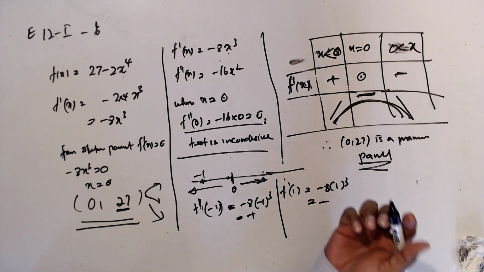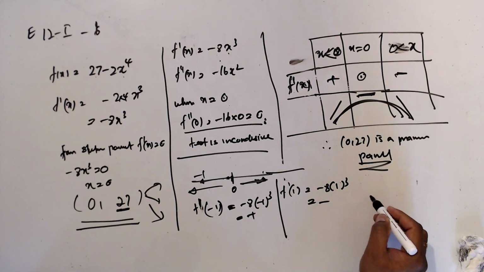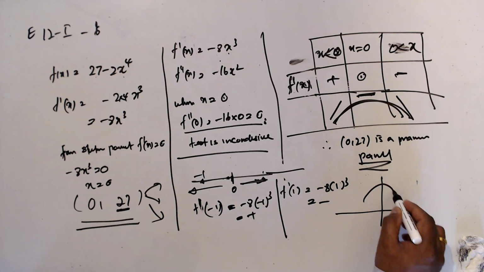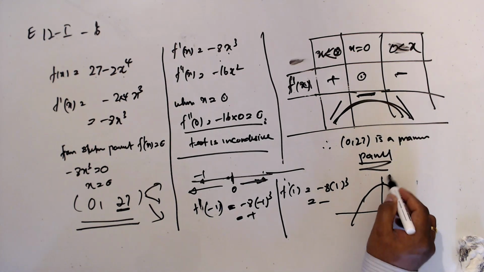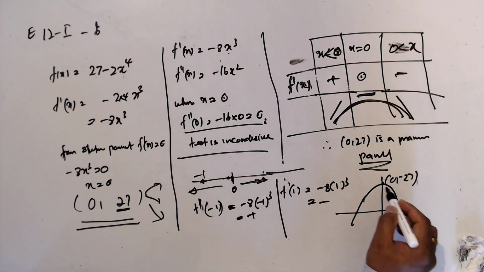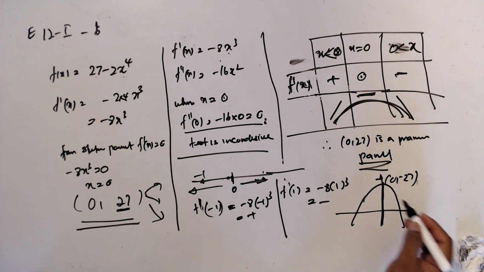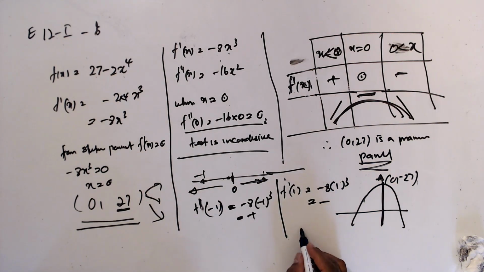So now what is the range? When you draw this graph, you can see (0, 27). So the range is, what are the values it can take. You will learn this in year 2 chapter 2.